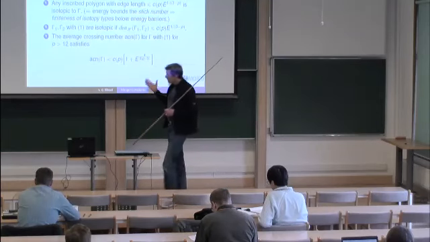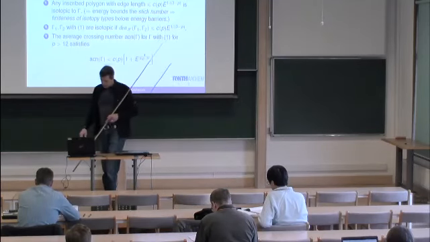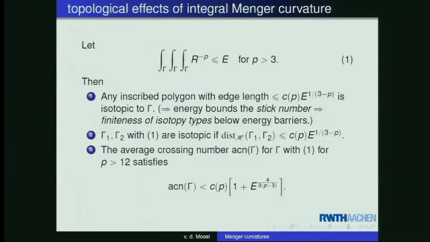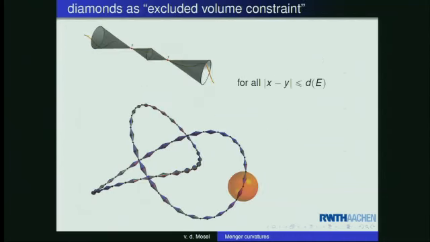And the reason behind all these results is a kind of excluded volume constraint that I want to describe now. I'm not going into any proofs, but what is behind all the theorems for this integral Menger curvature, for this triple integral, is the following geometry. So once you know that the energy is finite, bounded by E, you have the following geometric situation.